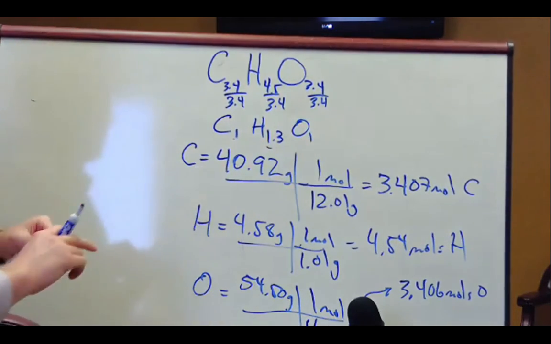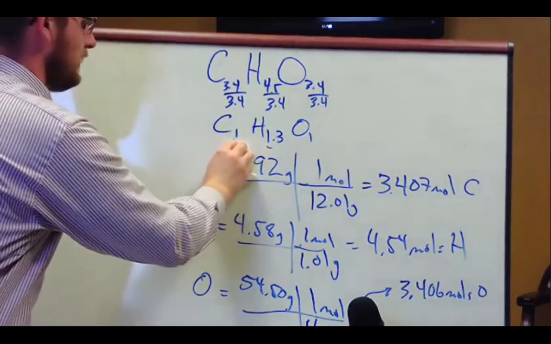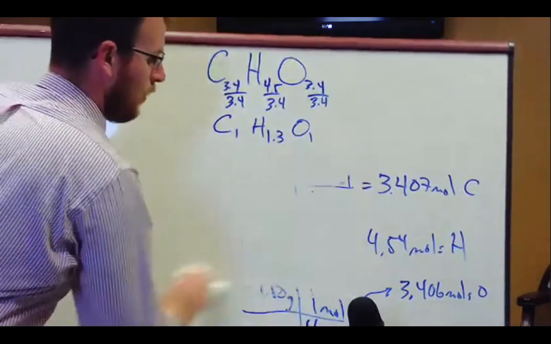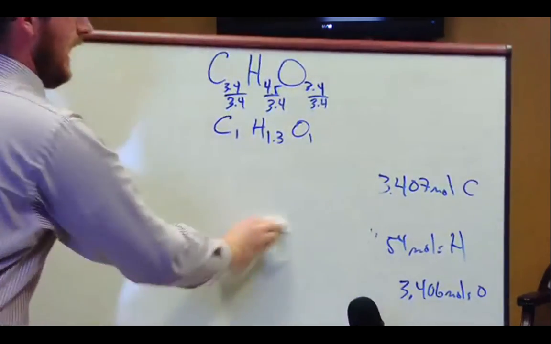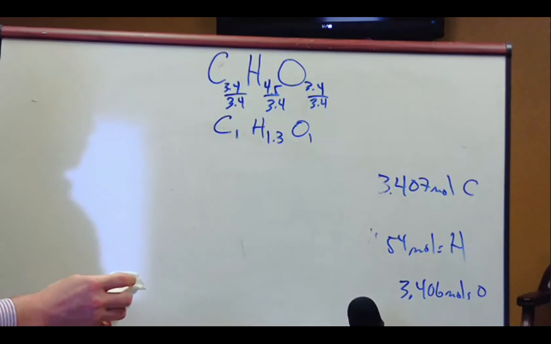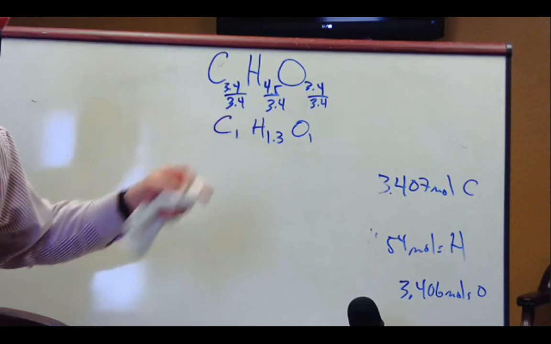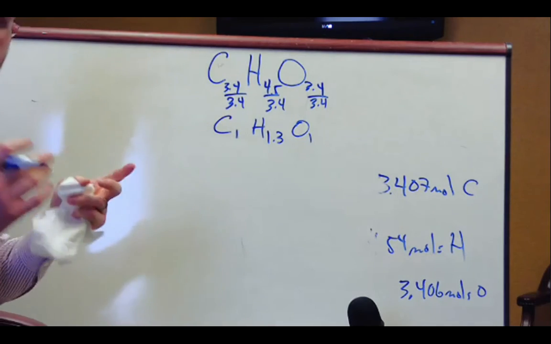1.3O1. Now, what did we say when we talked about the atomic theory about whole numbers in compounds? That atoms bind together in whole numbers to form a compound. 1.3 is not a whole number. So what do you think we need to do to turn 1.3 into a whole number?